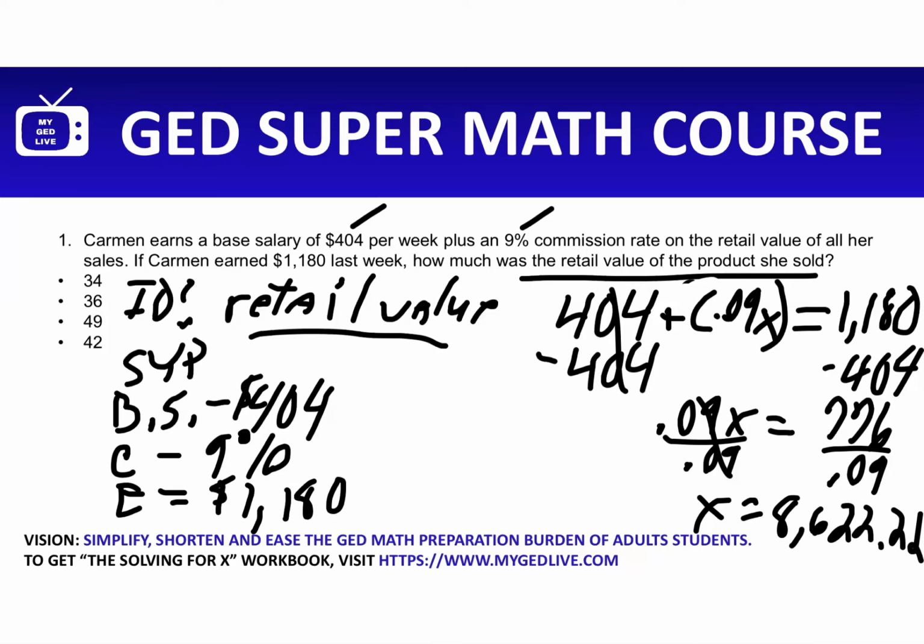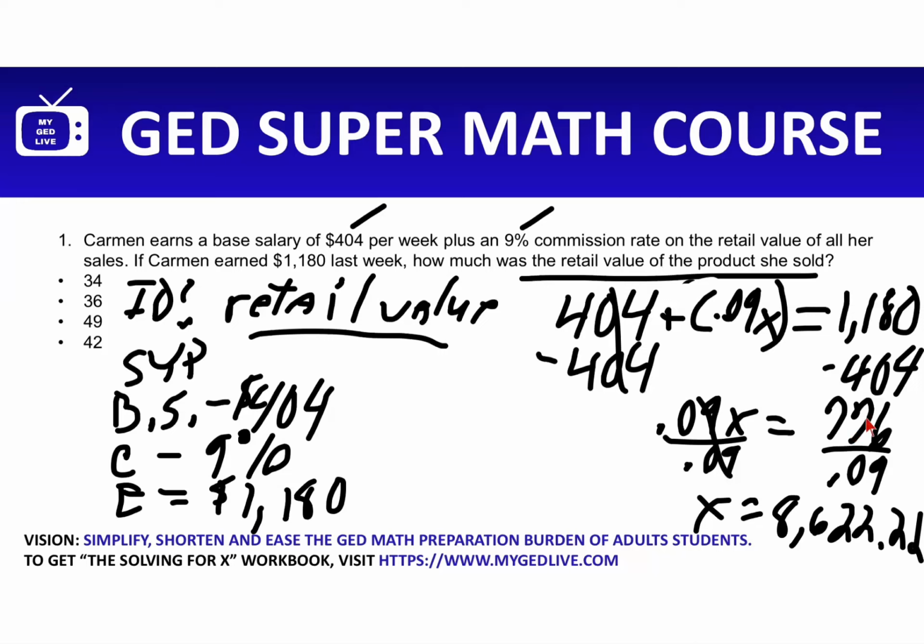So that x is the total retail value of the product she sold. Now, a couple things to point out here. Number one, see 776. Why don't we stop there?